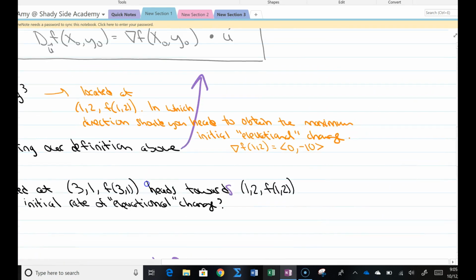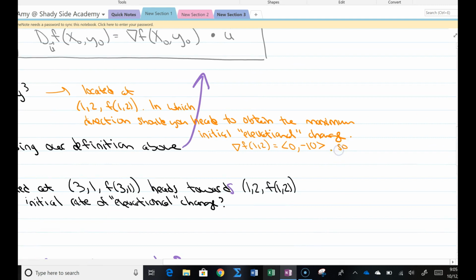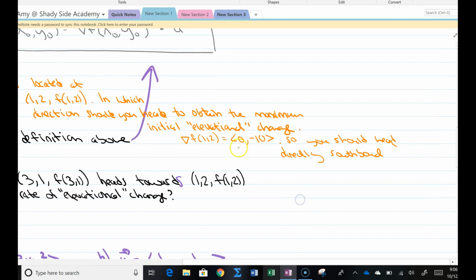So 0, negative 10 is just directly south, right? Directly southbound. But you could also say you should head in the direction of vector 0, negative 10. That's the direction in which you should head.